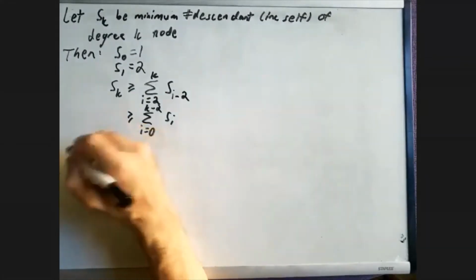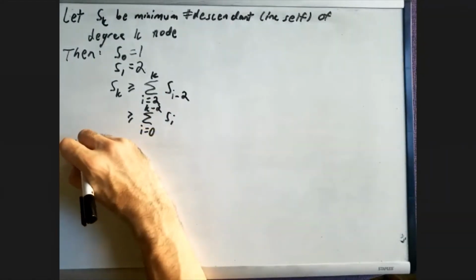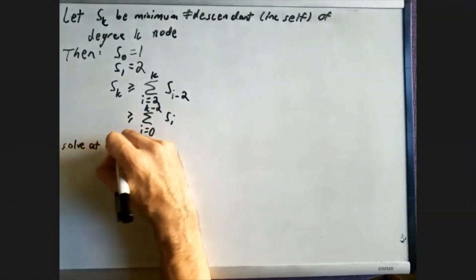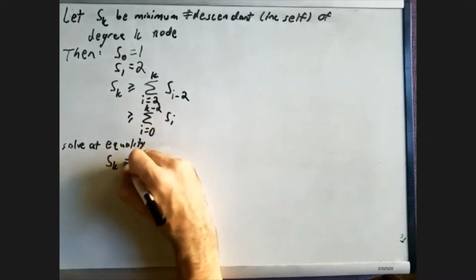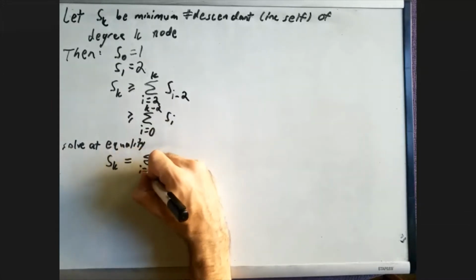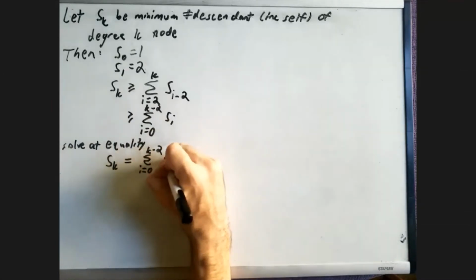So now to solve this, to get the upper bound, I'm going to solve an equality. I'm going to write SK equals the sum from i equals 0 to k minus 2 of SI.